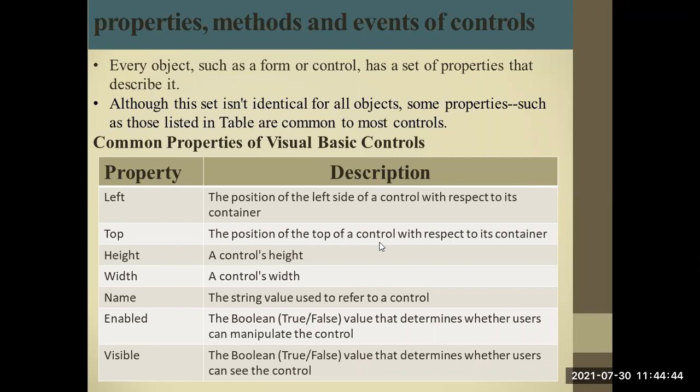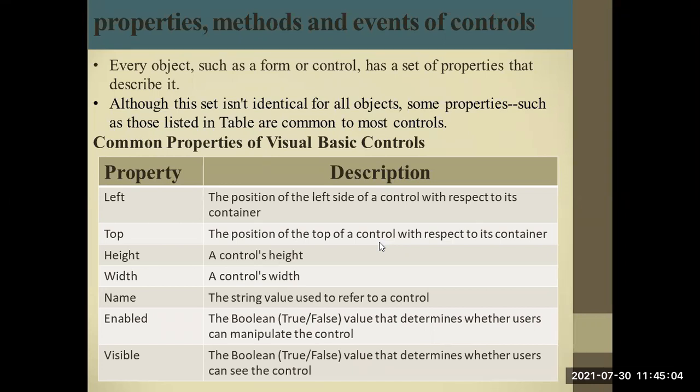If it is enabled, the user can easily access the control, and if it is disabled, the user cannot access that control. This feature is provided to specify which users can access this control and which users cannot.